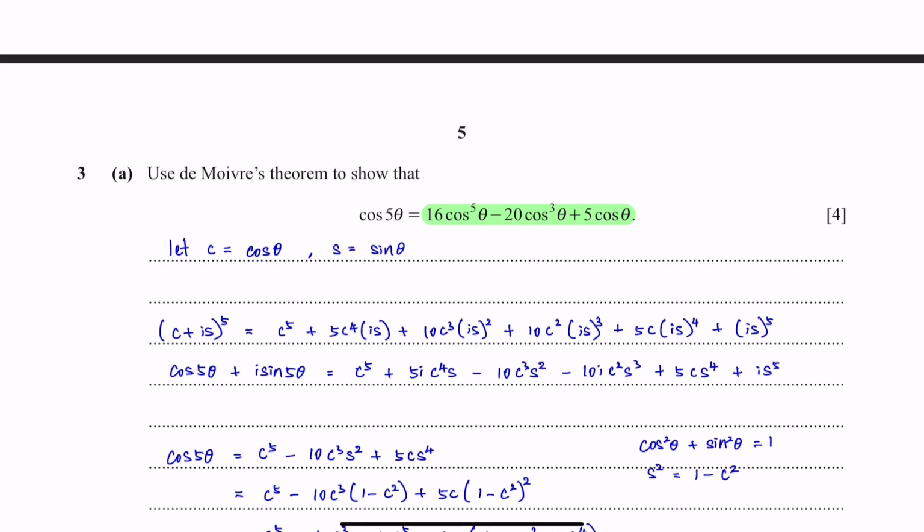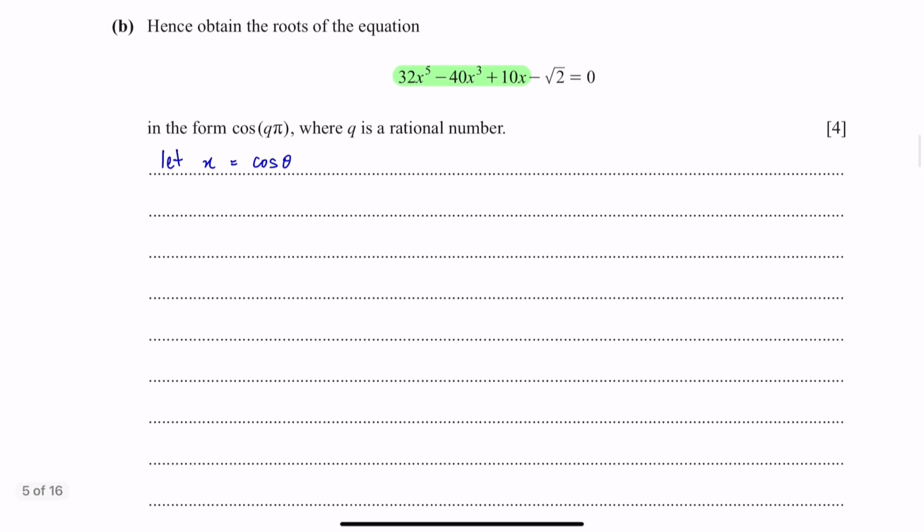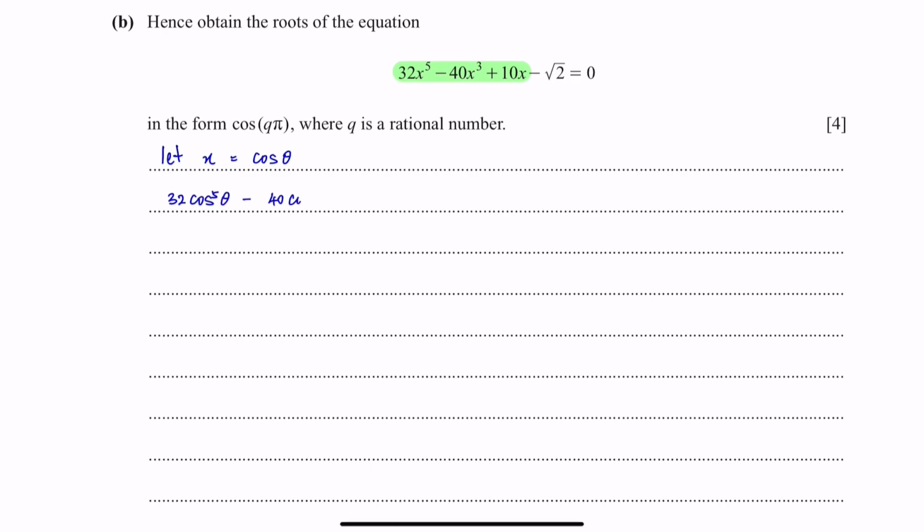So we can first let x equal cos theta, because they want the roots in the form of cos, right? So we first let x equal cos theta, and we can rewrite this equation as 32 cos to the 5 theta minus 40 cos cubed theta plus 10 cos theta equals sec 2.